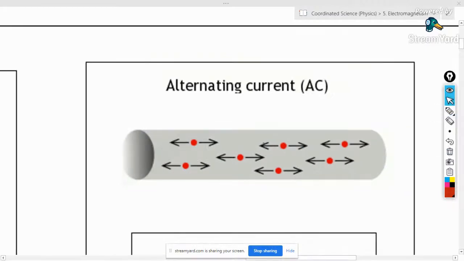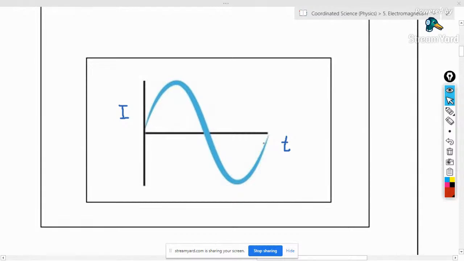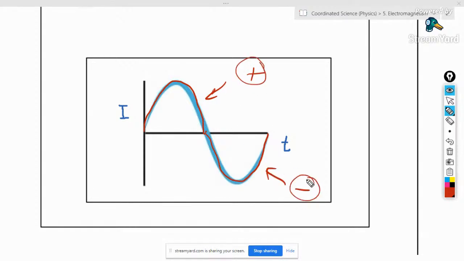If we look at a graph of current against time for alternating current, you'll see that it starts one way, hits a peak current, and then goes back down, hits zero for a second, then goes into the negatives, and then goes back up to zero. You might be wondering what it means that one side is positive and the other negative.